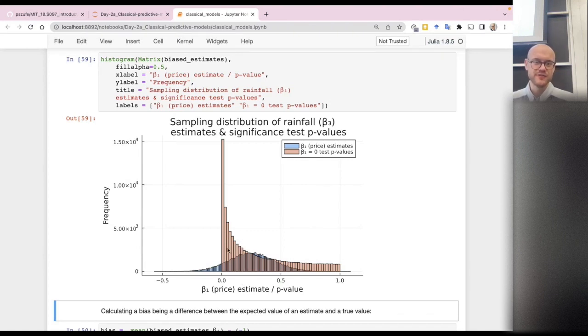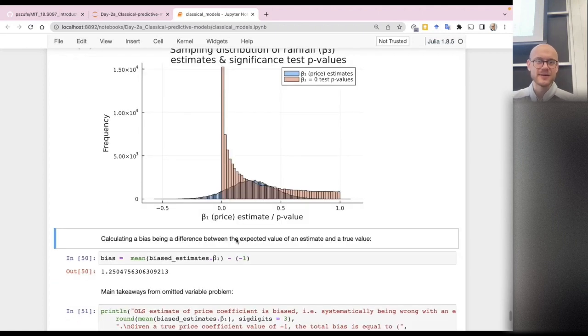But this is not uniform, it's skewed towards the left-hand side, and therefore in more than 10% of cases we would reject the null hypothesis and state that the impact of price on demand is positive, which is in the wrong direction.